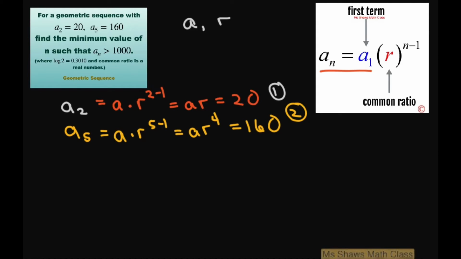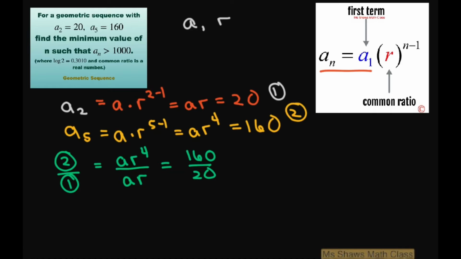Now I have a system of equations, and to find our common ratio, we take equation 2 and divide by equation 1. So we take AR to the power of 4 divided by AR, and that equals 160 divided by 20.